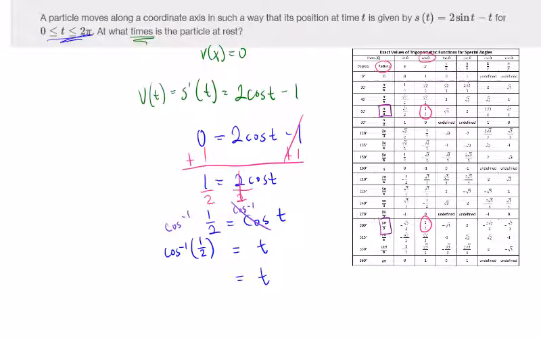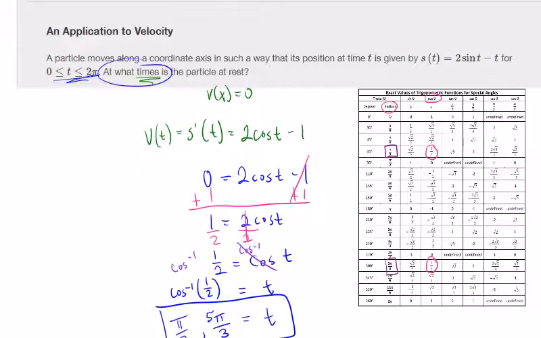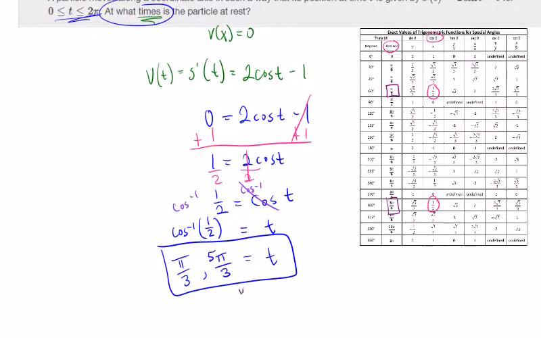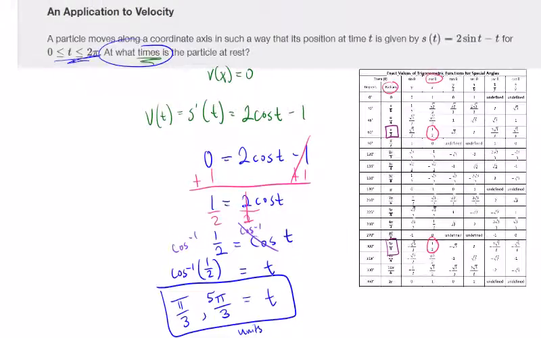So our answers are pi over 3 and 5 pi over 3, and those are the times when our particle is at rest. They don't give us units, so we could put some kind of time unit, like seconds, days, hours, weeks, months, years, or milliseconds.